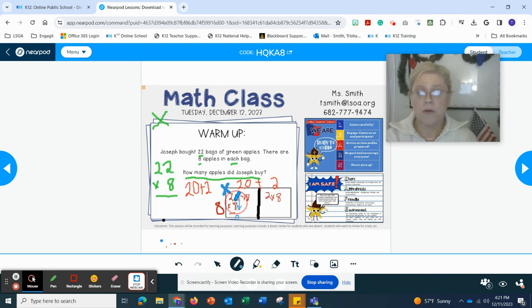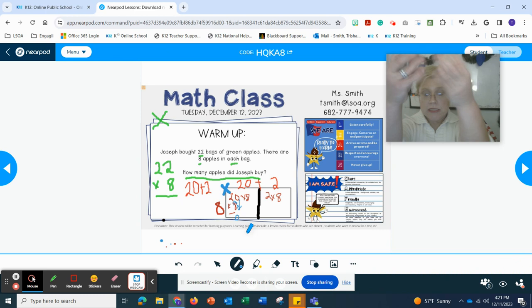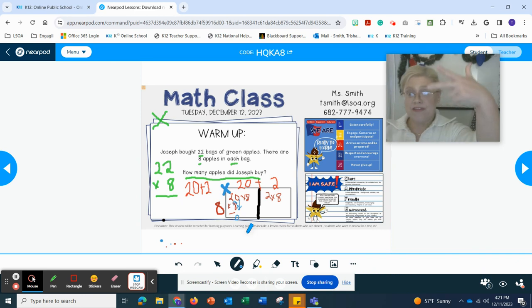And then we go across. 8 times 2 is, if we don't have that automaticity, we can count by 2's 8 times. 2, 4, 6, 8, 10, 12, 14, 16. 8 times 2 is 16. Now, it would be helpful if I wrote that a little bit bigger, 16. So 20 times 8 is 160.